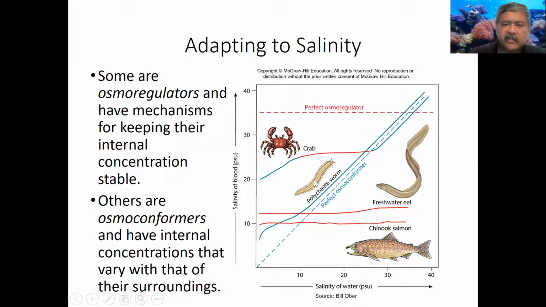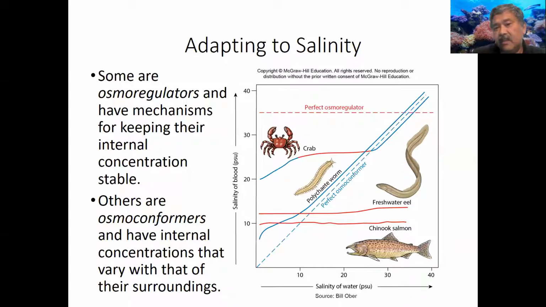Because if the concentration is higher, then what's going to happen is that this worm will start to take up some water and start to bulge out. And if this polychaete worm is in an area that is not as salty, then what's going to happen is the same thing.